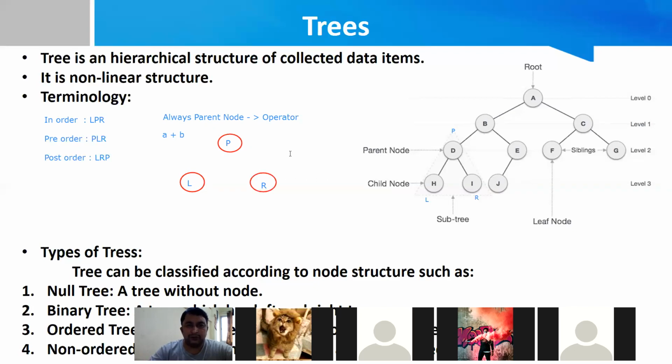So this is how the nodes will be maintained, right? And how the values of this expression will be stored. As I told you, the parent node will be the operator. So this is the operator in this expression, the left side of this expression is A, and the right side of the expression is 3.